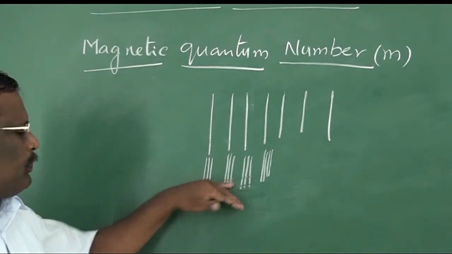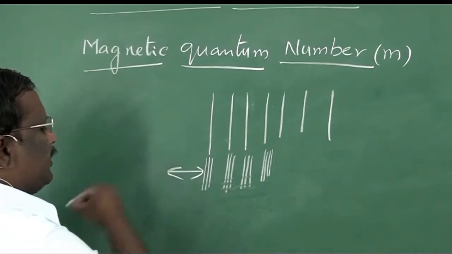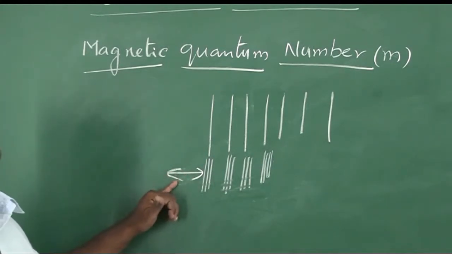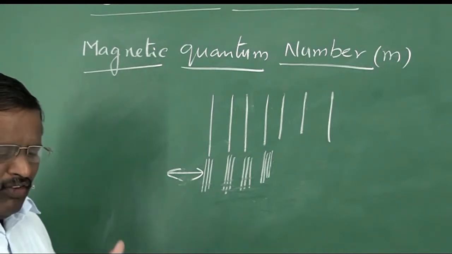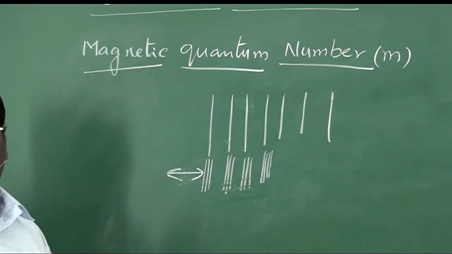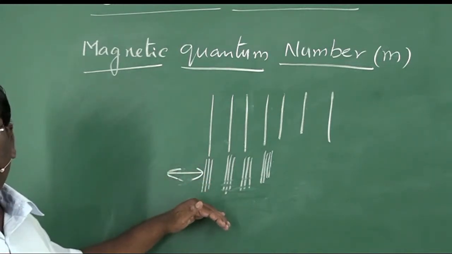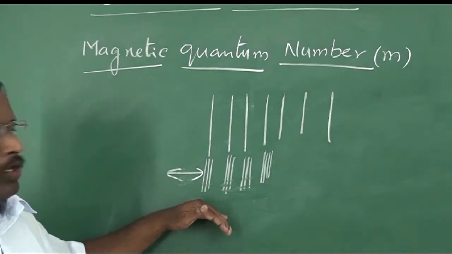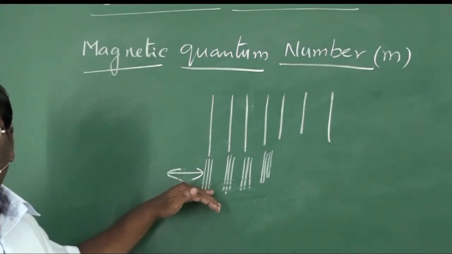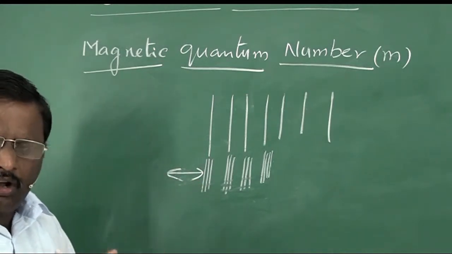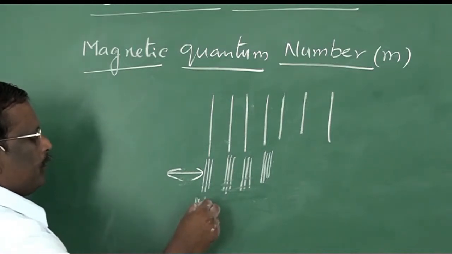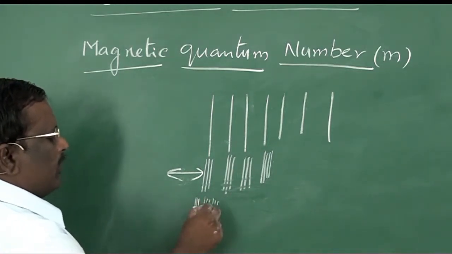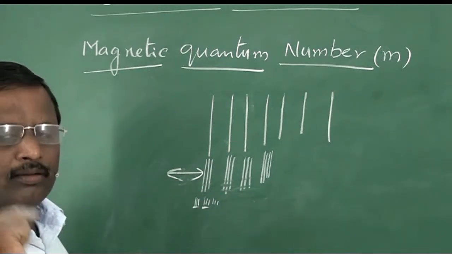But the spectra recorded here with the same spectroscope, if the atoms are kept in a magnetic field or electric field before taking the spectra, then these fine lines which we observed previously with the same spectroscope, just because of that magnetic field, each line is found to split further. This we call splitting of spectral lines.